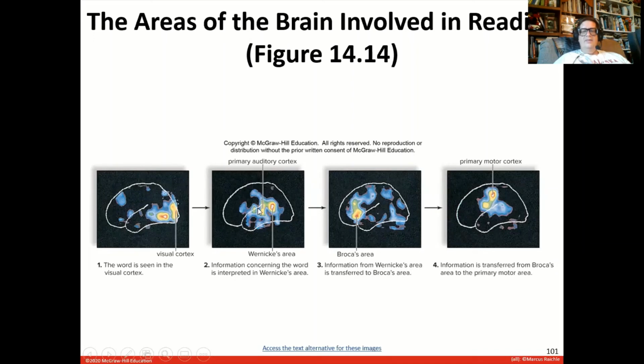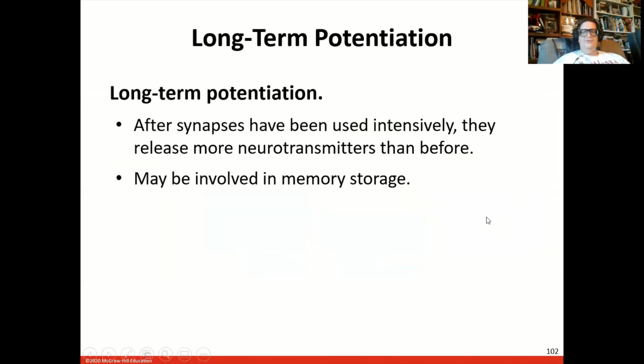That information is then moved to prefrontal and then motor cortex, so you can say that word. You can move the lips, move the muscles that move the lips so you can say the word. So you see the word, you get the meaning of the word, you move that information here, and then you use that information to control the movement of the muscles.